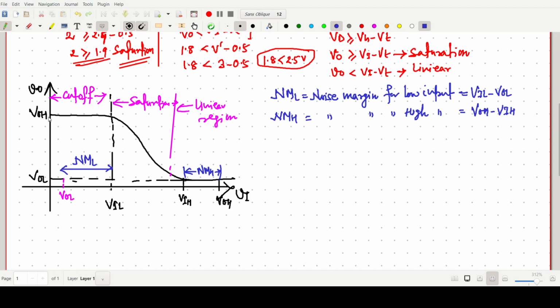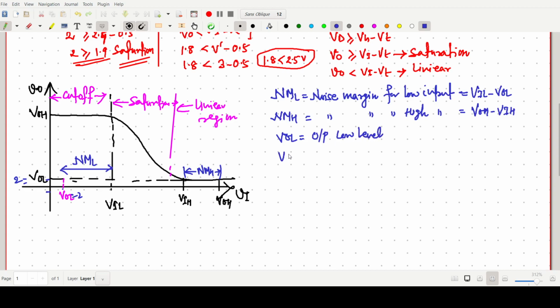VOH, VOL, then this input will be VIL and this value will be just VOL. So it is better to write here: suppose this one is 2 volt, so this one is also 2 volt. That's why I'm doing it like that. And the other parameter, VOL, is the output low level.